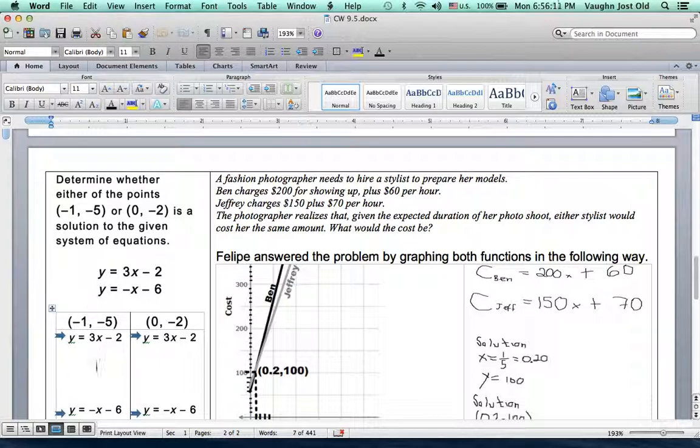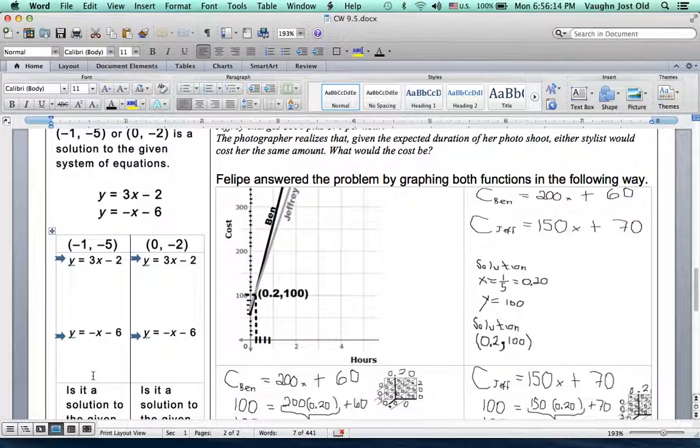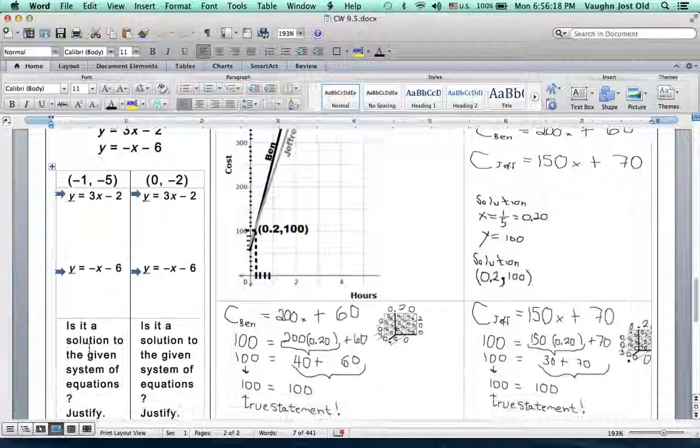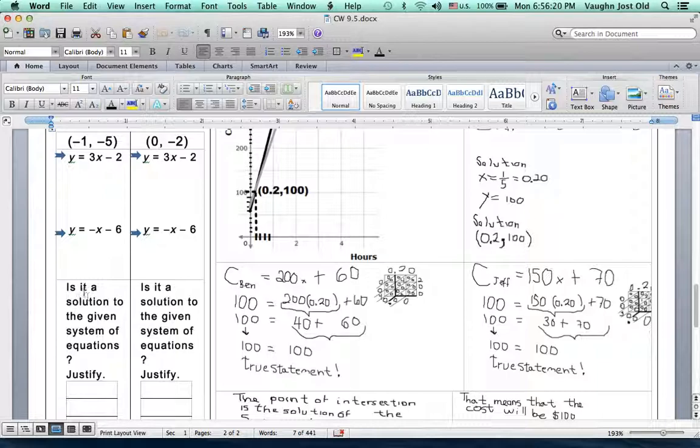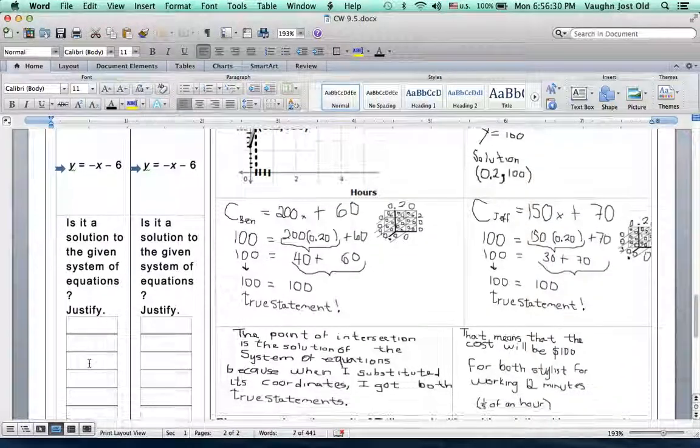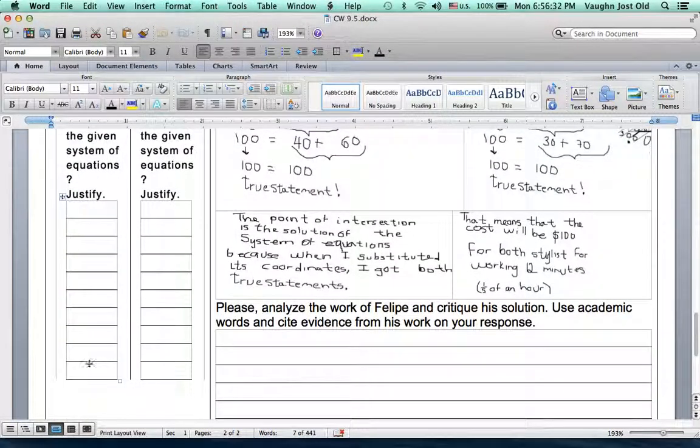That's what we're doing here. I'm giving you space to do that. And then to also plug it into this equation down here. And then we're going to ask this question, is -1, -5 a solution to this given system of equations? And we're going to justify our answer in complete sentences by using our academic vocabulary.